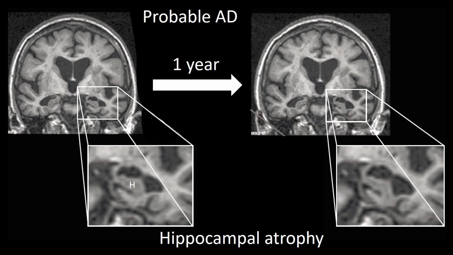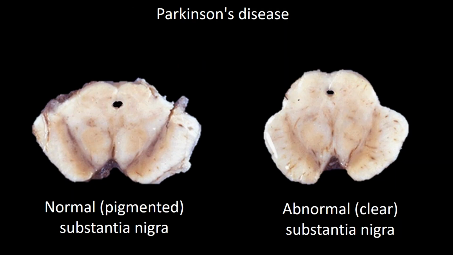The process of hippocampal atrophy is progressive, as you can see by comparing the size of the anterior region of the temporal horn of the lateral ventricle in an early study to the size of the same structure 1 year later. These are two transverse sections of the midbrain.